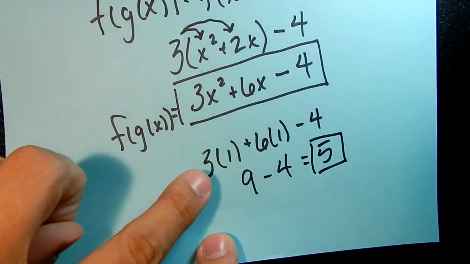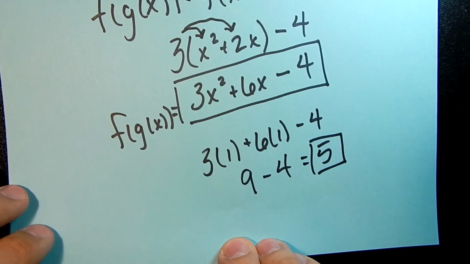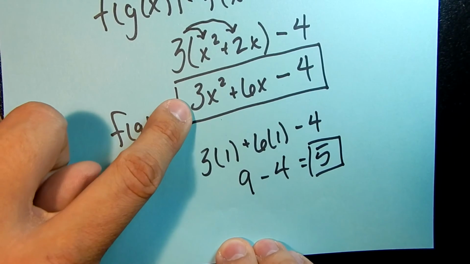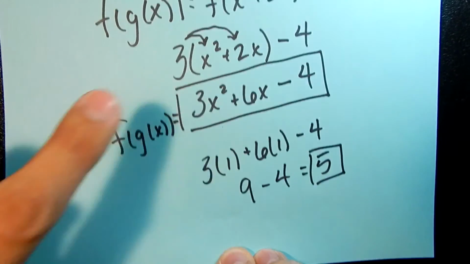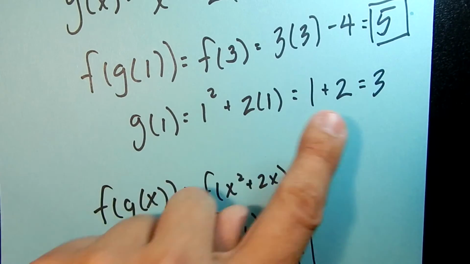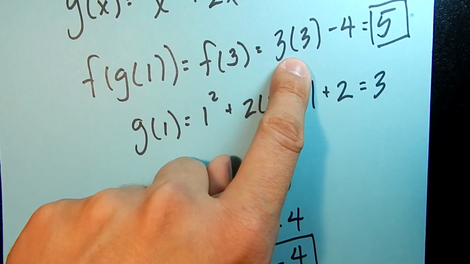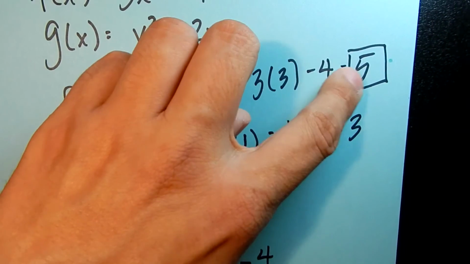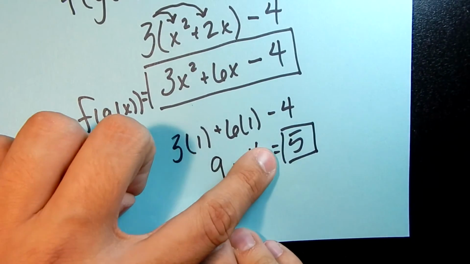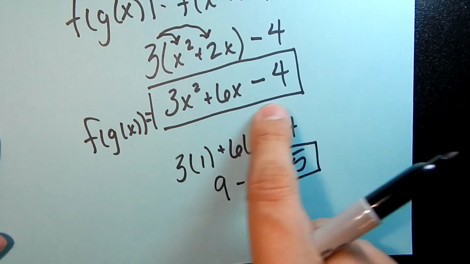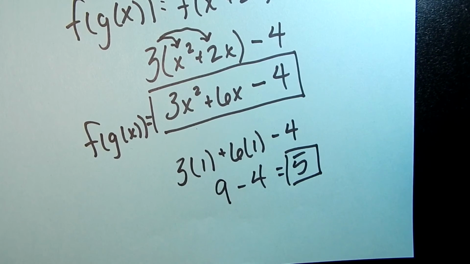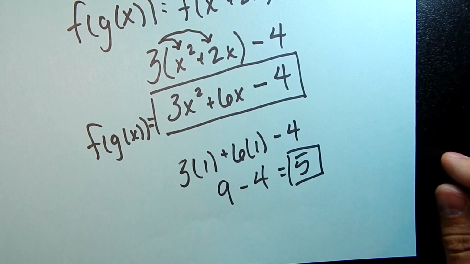So if we plug 1 into this formula, we can find f of g of 1 very quickly by just plugging it into this, instead of having to find g of 1 and then take that and plug it into f and find f of 3. So notice that we still get 5, it still works, but this can be a little bit quicker if you're doing multiples of a composition.